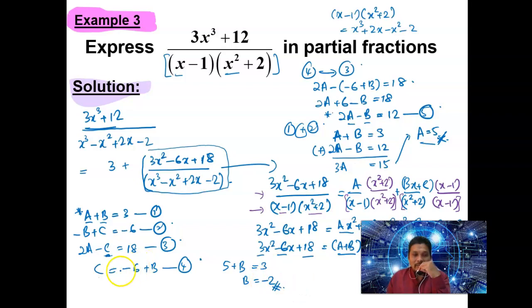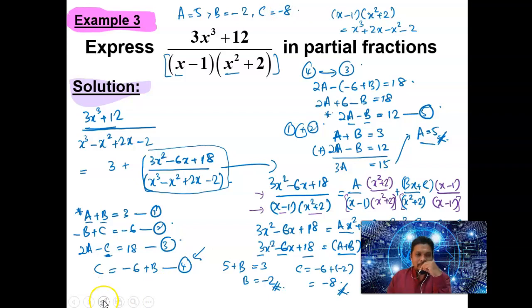To find the value of c, let's use equation 4. c equal to negative 6 plus b, which is negative 2. So c equal to negative 8. I'm going to list down here the values: a equal to 5, b equal to negative 2, and c equal to negative 8.